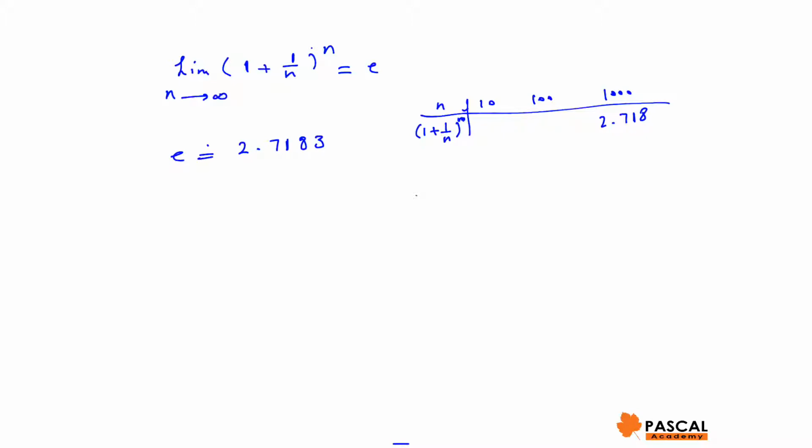As you know, the number of digits after the decimal point is infinite, and there is no repetition since e is an irrational number. Log of x base e is called natural log, and it is denoted by ln of x.